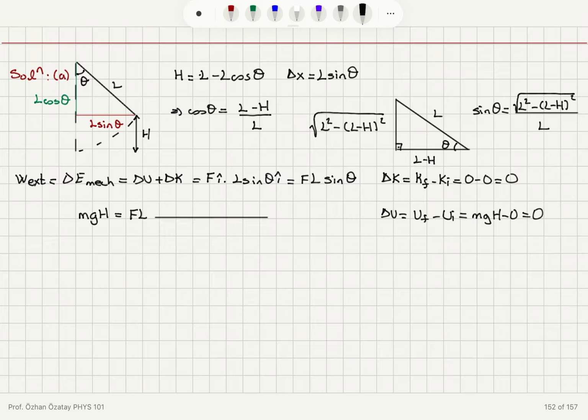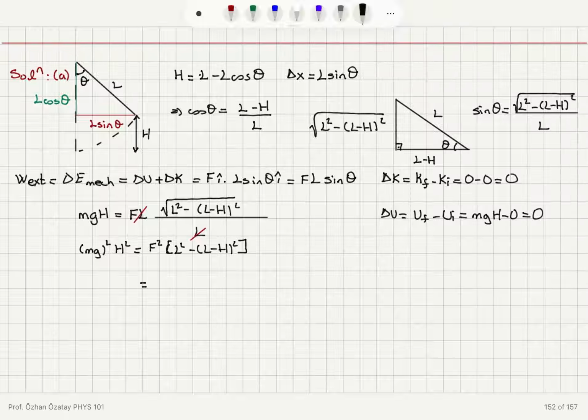I substitute for sine theta, the square root of L squared minus (L minus h) squared, divided by L. And you can see that the L's will cancel here. If I take the square of both sides, I will have m squared g squared h squared equals F squared times [L squared minus (L minus h) squared] in square brackets.